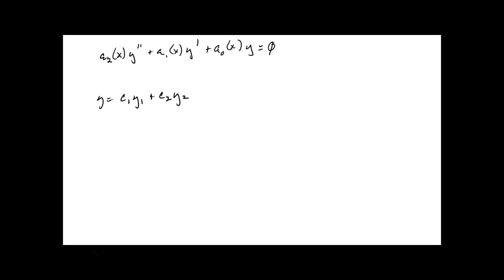It's some function u of x. In other words, y2 is u of x times y1 of x. The function u of x can be found by substituting y2 equals u of x times y1 into the general differential equation. That method is called reduction of order. Let's see how we do it.